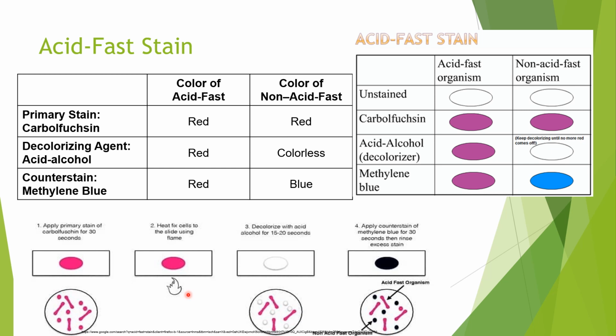So we add heat: you take your slide and place it on top of the flame. Why is heat used? Because you're trying to penetrate that tough waxy layer. Heat would be a pretty good way to penetrate that tough waxy layer, so that the carbolfuchsin can be absorbed.